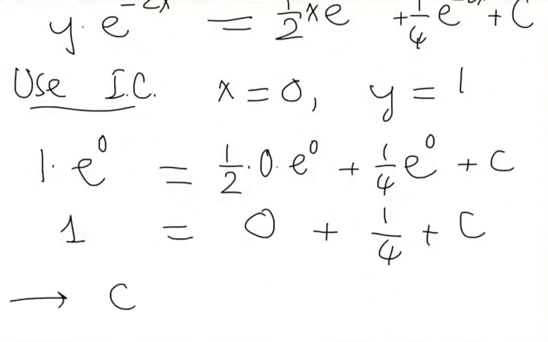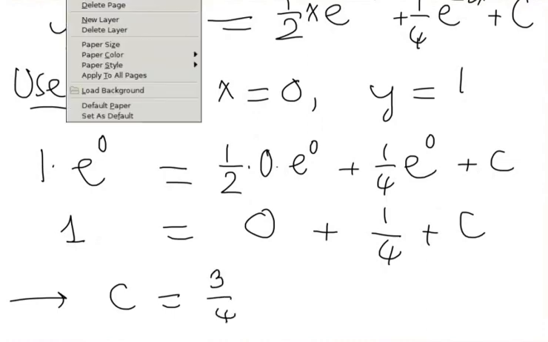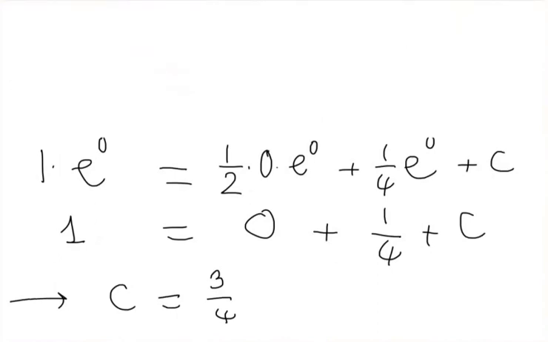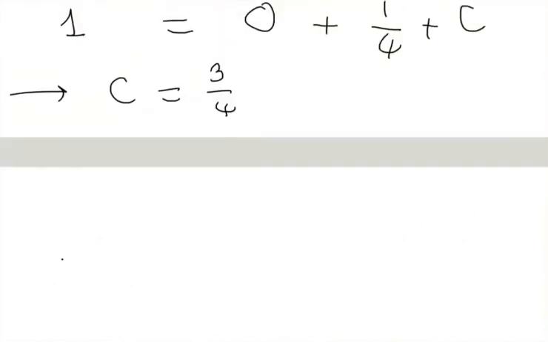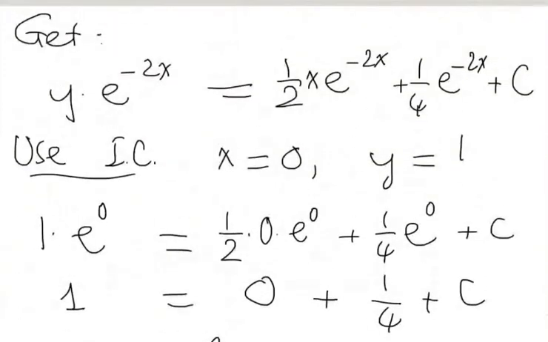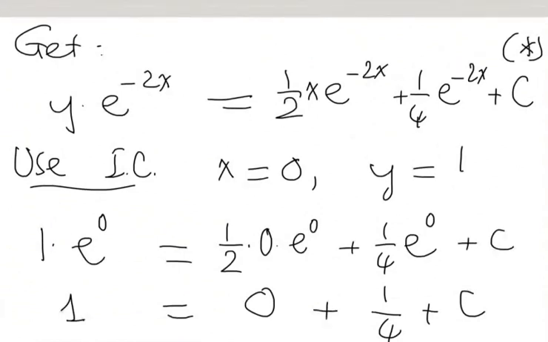So you can see that c is 1 minus a quarter, which is 3 quarters. But we're not done yet. We need to put this value back into the equation above, which I would label as star. So c is 3 quarters.